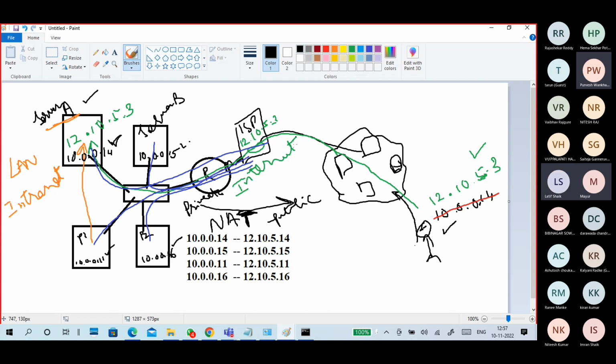So, a very small question, guys. In case I have 10 private IP addresses, how many public IP addresses are required? Here, 4 private, 4 public; 10 private, 10 public.